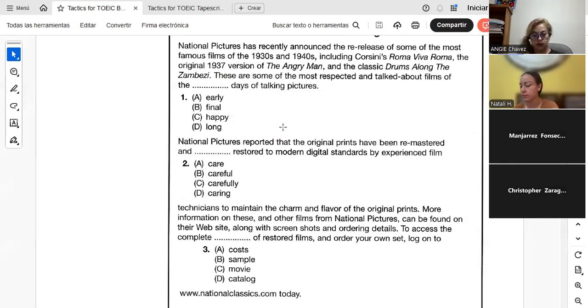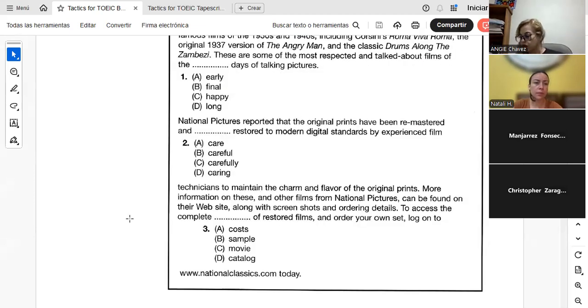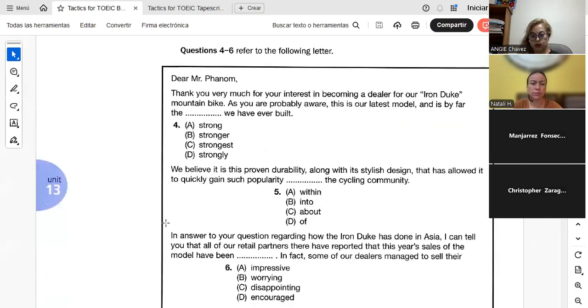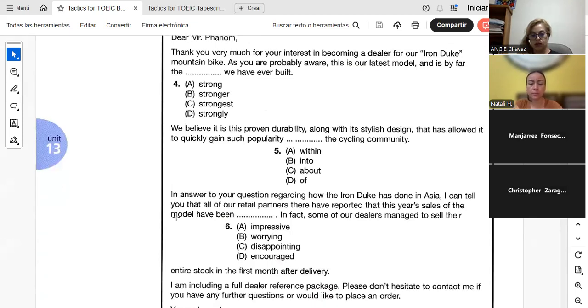Class 15 is coming soon. Yes, from 1 to 3, from 4 to 6. This is the text.